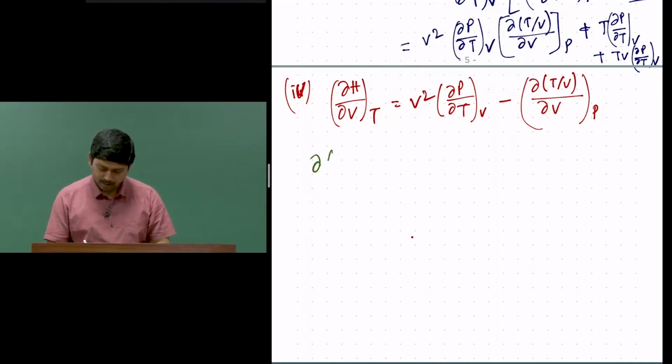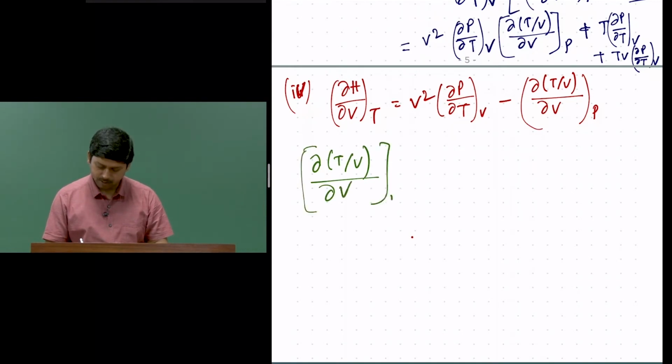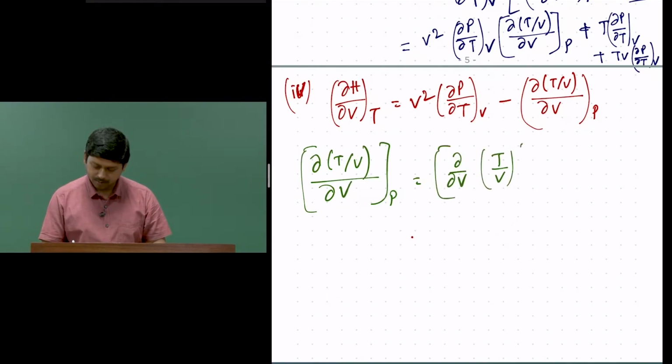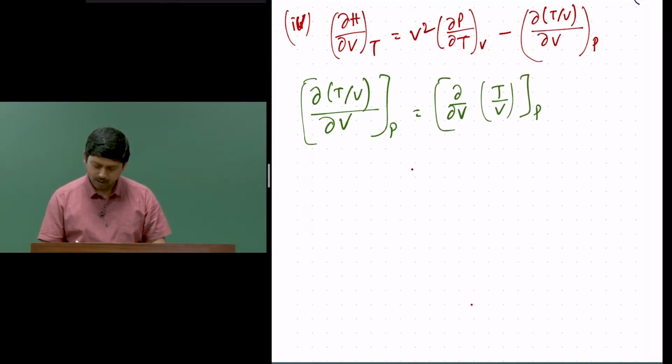So, what is del T by V by del V? What is this one first? Let us see. So, that is del by del V of T by V at a constant P, which is product of two functions.